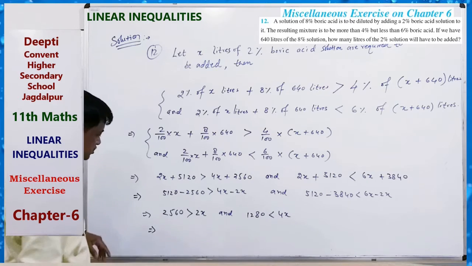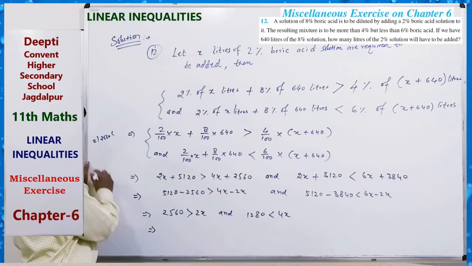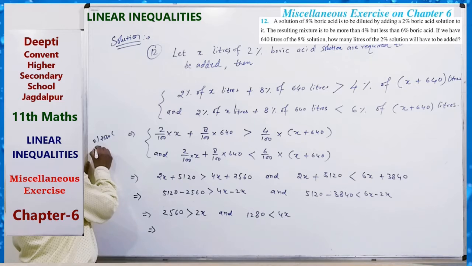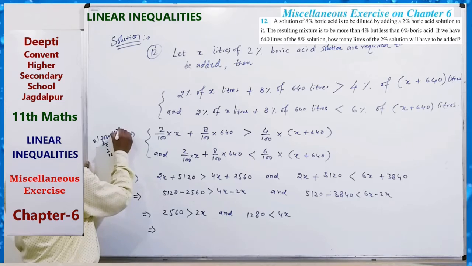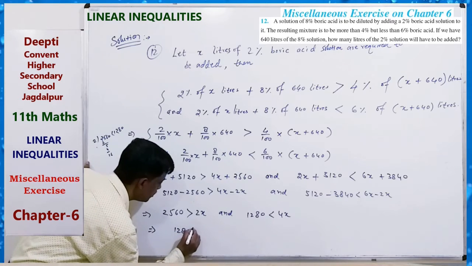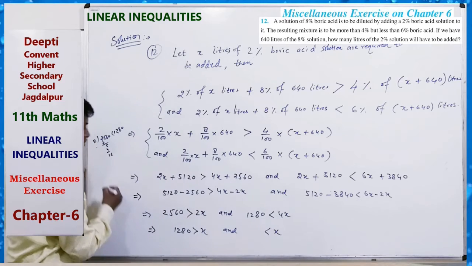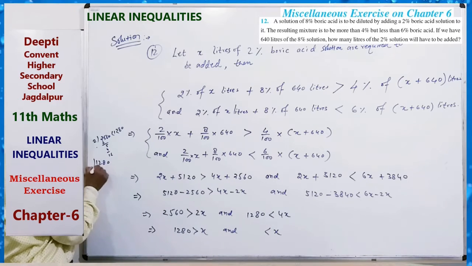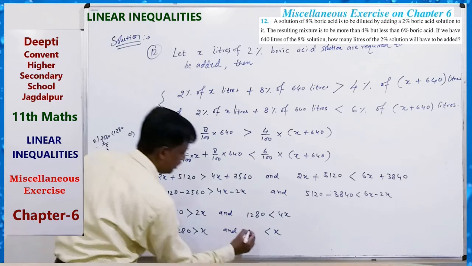Divide by 2. So 2560 divided by 2, you can see that 1280 is less than x, and here divided by 4, 1280 divided by 4, 320.